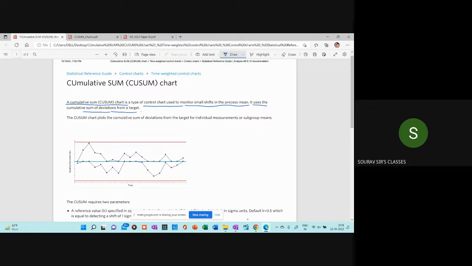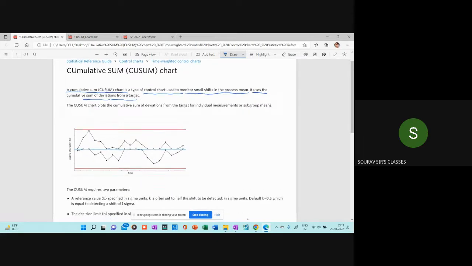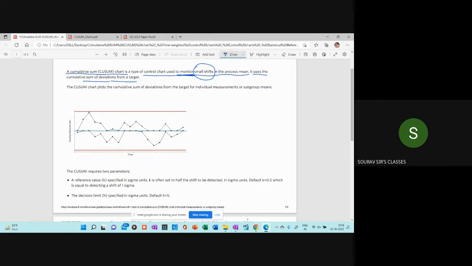So if you can see the chart, the small shift whatever we have can be incorporated by accumulating the sum of all the values. The main target is monitoring this small shift. Monitoring of small shift changes in the process mean is called a CUM-SUM chart.